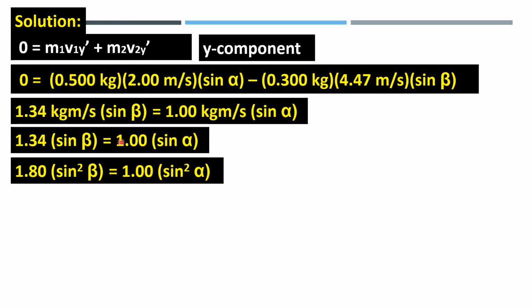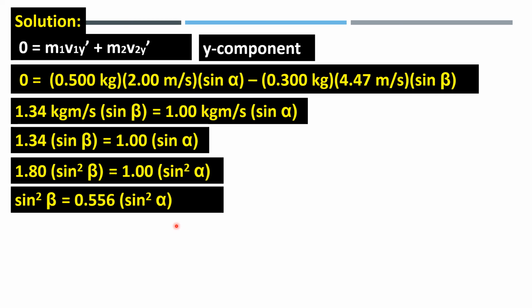And this one looks simpler than what we had earlier because we simply have 1 sine alpha, square this, and we get 1 sine squared alpha.